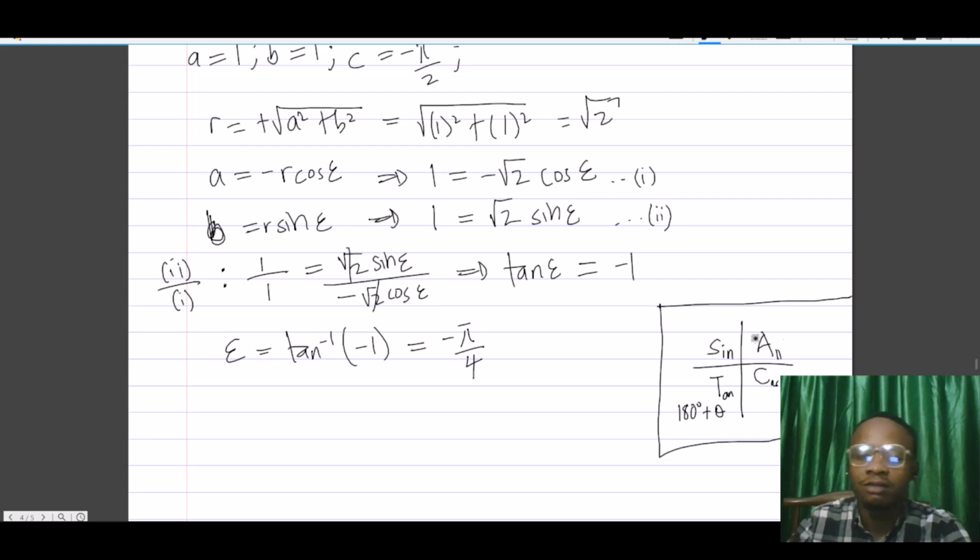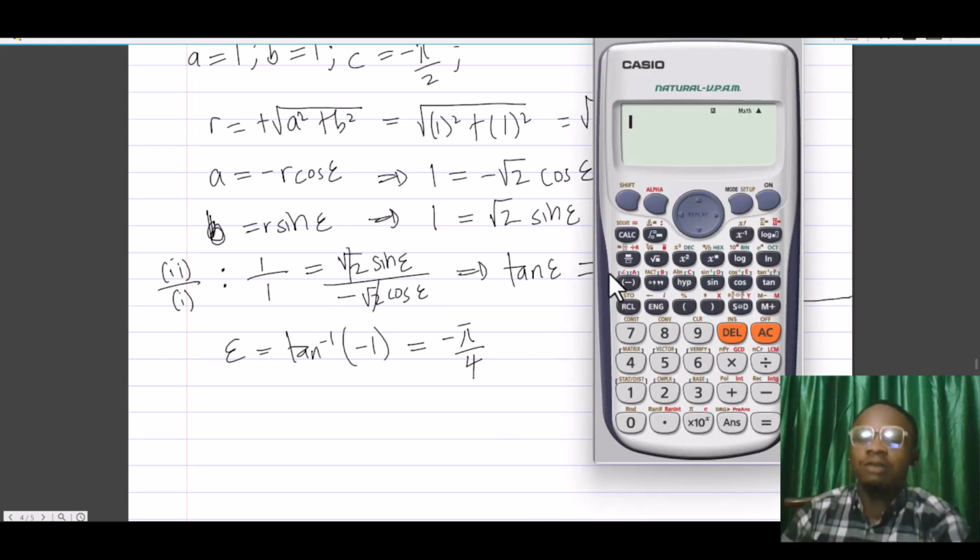We can easily verify that. For this, we want the tan inverse of minus 1. That will be shift tan inverse, then we put in minus 1 and close the bracket. It gives us minus pi over 4. If we add pi to it, we get 3 pi over 4. And that is the same thing, because if we check the tan of 3 pi over 4, the answer we just obtained, it is also equal to minus 1.